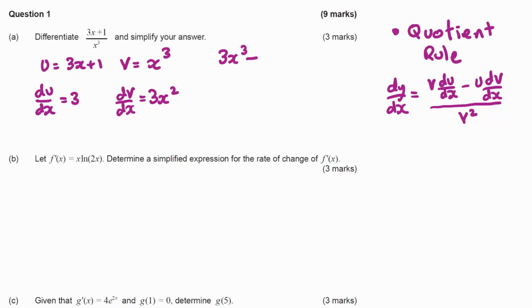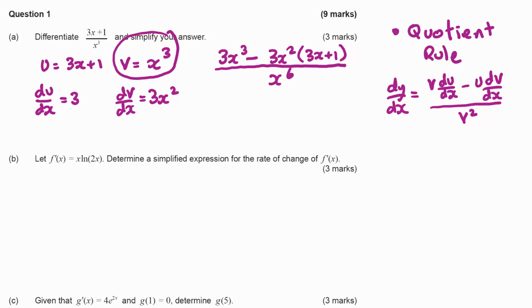Take away u dv/dx, which is going to be 3x squared times (3x + 1), all divided by v squared. Now v squared is, of course, x cubed squared, which is x to the power 6.